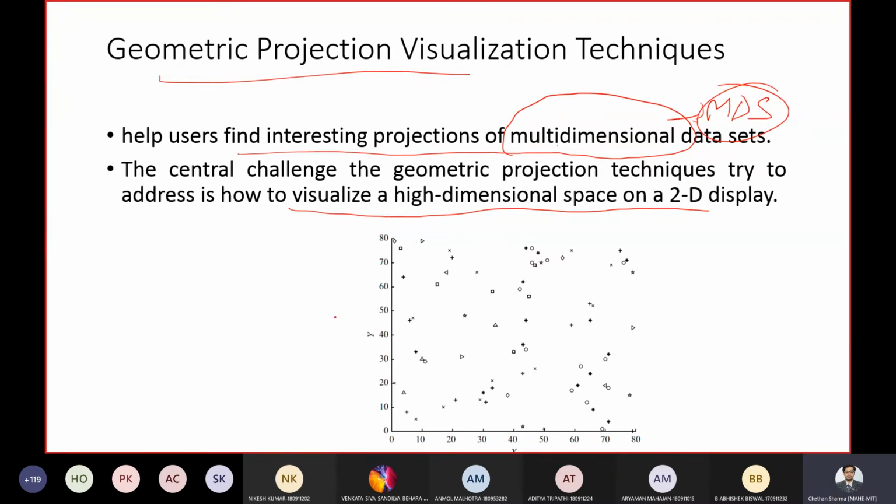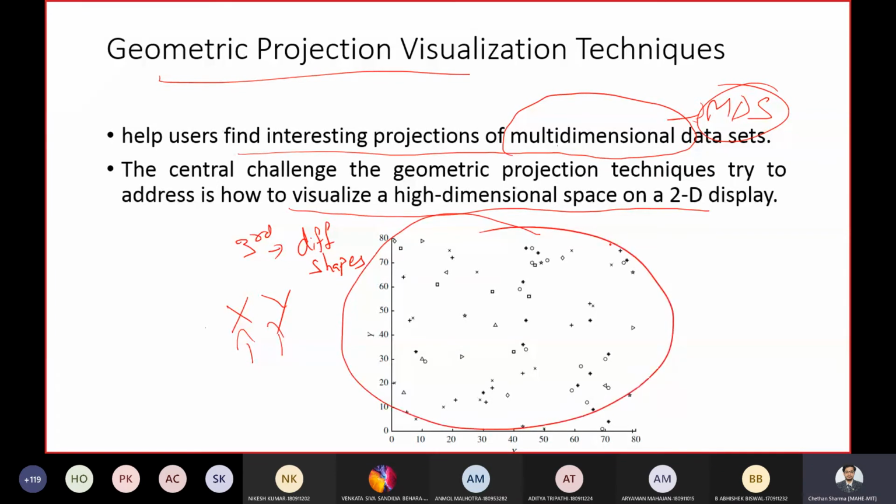So here you can tell X and Y are two spatial attributes, or maybe two dimensions, and the third dimension is represented by different shapes.